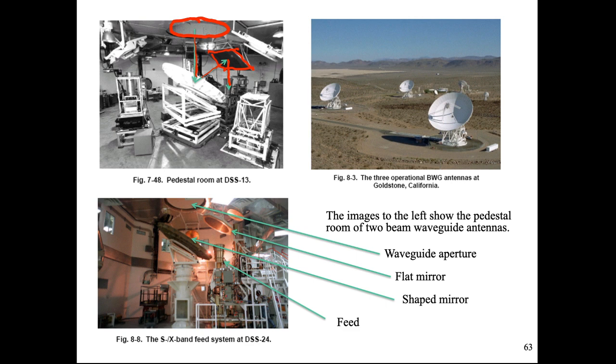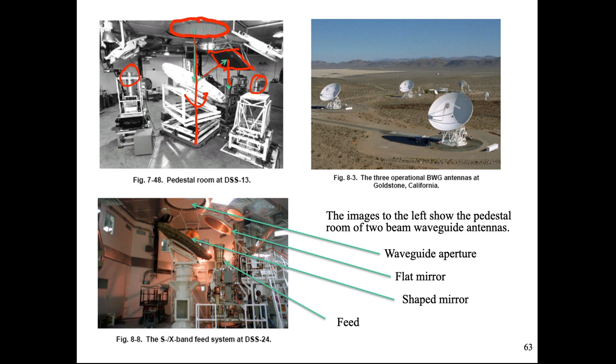By rotating this mirror around this axis, one can access different feeds, for example this one or this one. It is a much simpler, operationally simpler configuration. Okay, the radio frequency structure has to be designed extremely well.